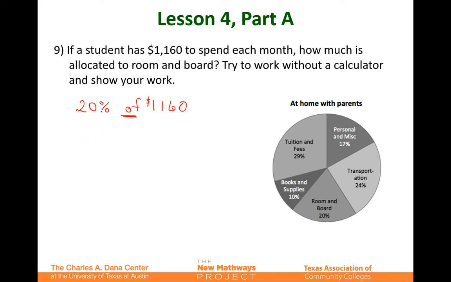So 20%, that's 20 over 100 times 1,160, or 0.20 times 1,160. It suggests that you don't need a calculator, but why not use a calculator? Go ahead and do 0.2 times 1,160. You get $232.